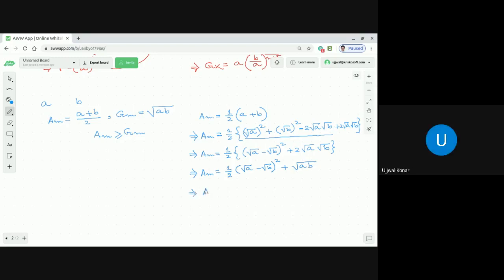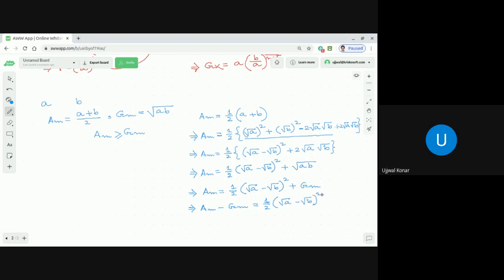So then what we get, arithmetic mean is equal to 1 by 2 into square root of a minus square root of b whole square plus, what is the square root of a into b? That is geometric mean. Yes. So from here what we get, dear students, arithmetic mean AM minus GM is equal to 1 by 2 into square root of a minus square root of b whole square.